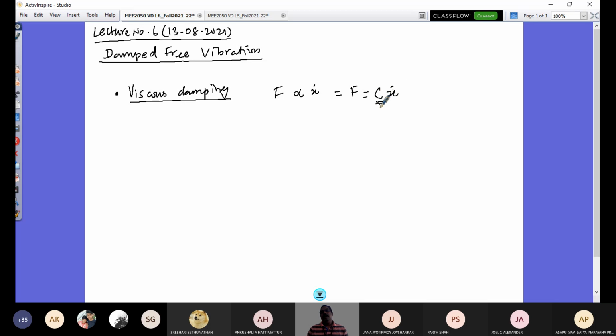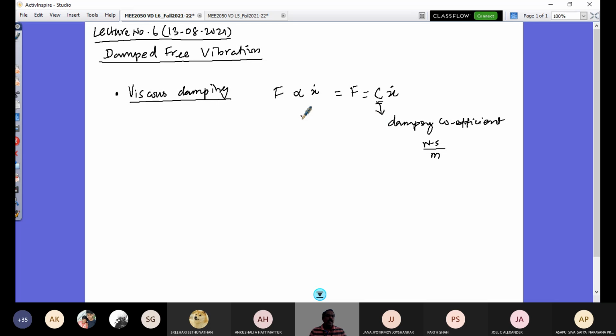The unit of this damping coefficient is Newton second per meter. Now, how do you derive this damping coefficient is what we have to look at.